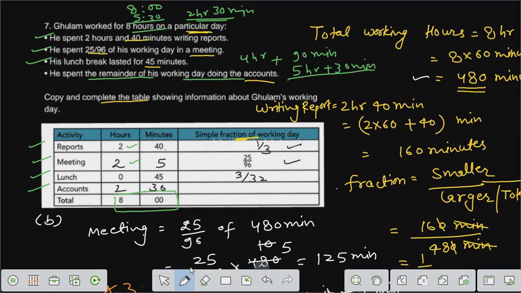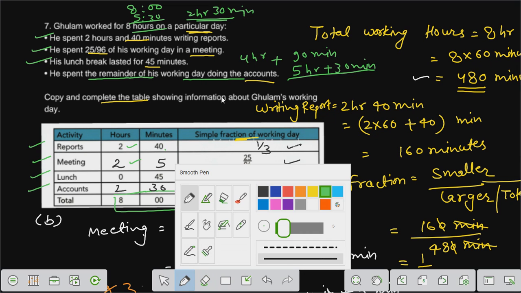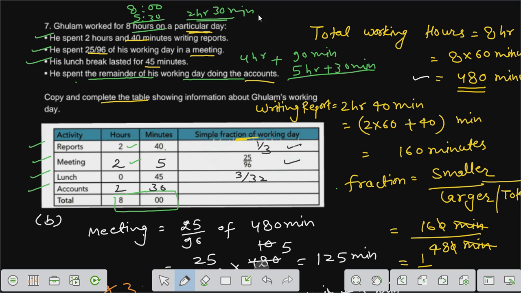What is 2 hours and 30 minutes? 120 minutes plus 30 means 150 minutes. And if we have to change this into a fraction, what is the fraction? 150 upon 480, 480 is the total.